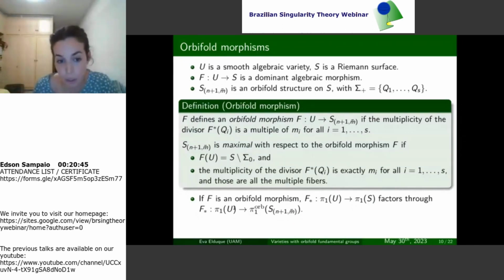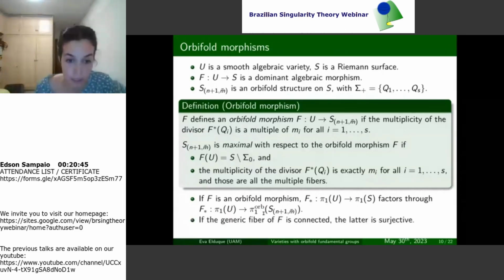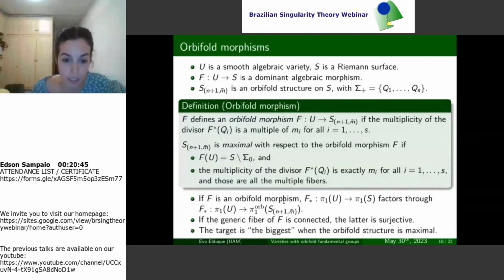So you get closer to the fundamental group of U by looking at the orbifold group of S with whatever maximal orbifold structure. Because it turns out that this map is surjective if the generic fiber of F is connected, which is going to be the case in our setting. And this is the biggest if the orbifold structure is maximal.